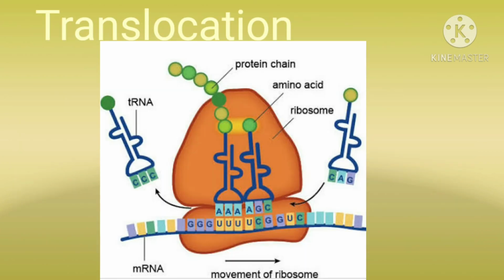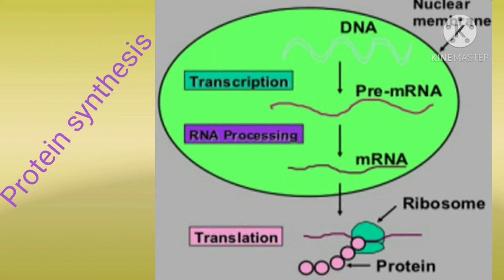During this process, the ribosome keeps on moving from one end of mRNA to other end by the distance of one triplet codon. This is called as translocation. In this way, the amino acid chain grows long and long to form a polypeptide chain. Later, the polypeptide chain undergoes changes to form what is called as protein. This is how protein synthesis takes place.